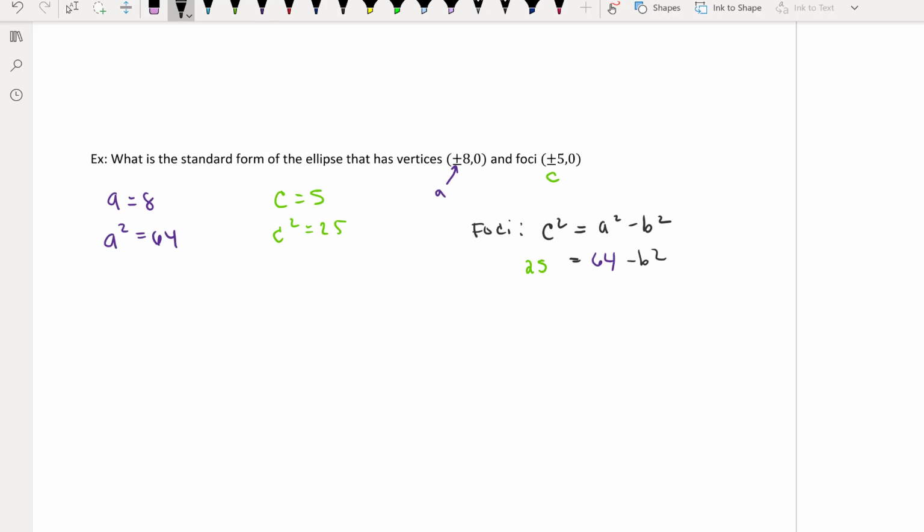So now I am going to subtract. So 25 minus 64, and that is going to give me a negative 39, is equal to my negative b squared. So if I divide by a negative, then I would get that 39 is equal to b squared. So b is equal to the square root of 39.